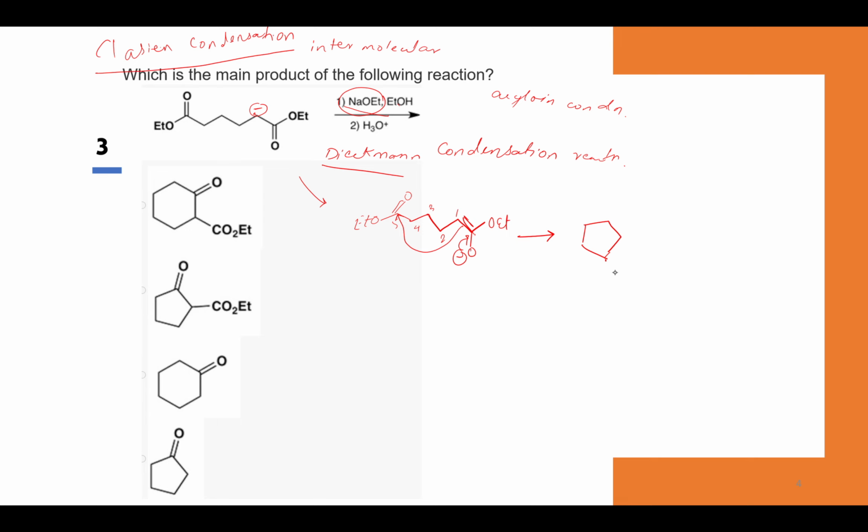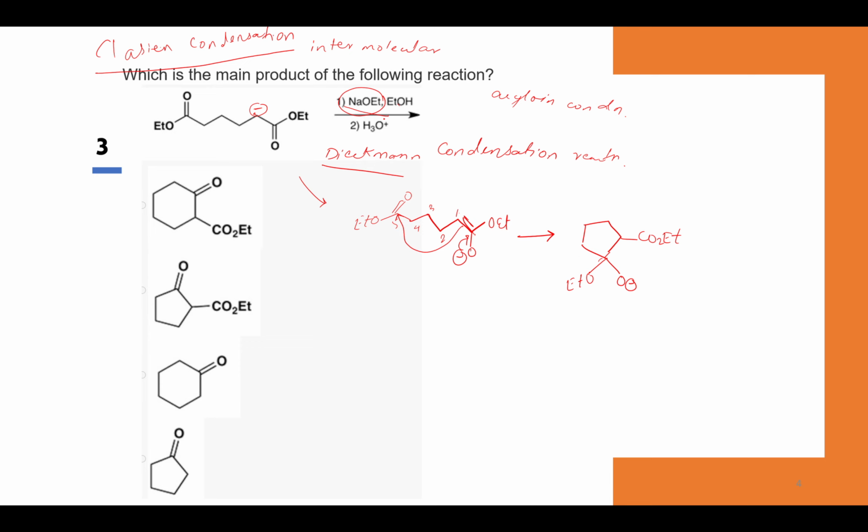And because it is attacking on carbonyl carbon, we will have here O minus and here OEt. Okay, and alpha to this carbon is our ester group. So we will write here ester group.